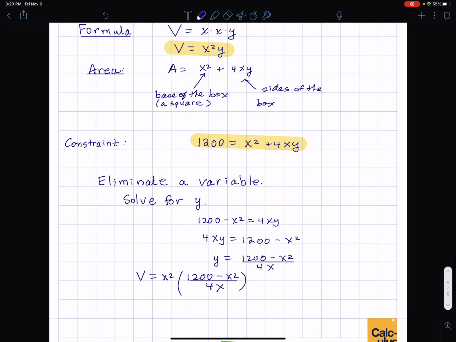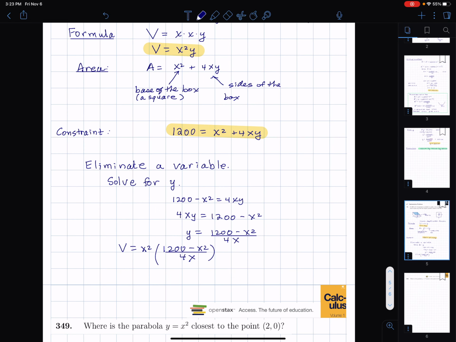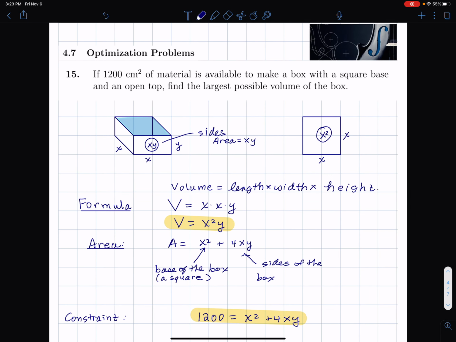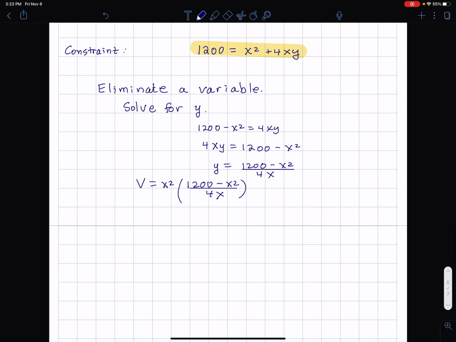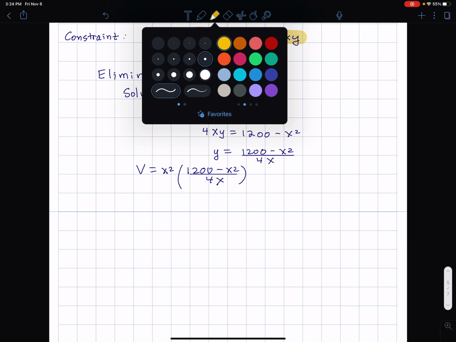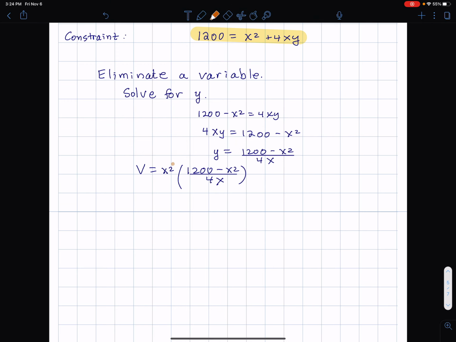Now, okay, hold on. I need more paper. I need to add a page. All right, now a little bit of canceling goes on here, x squared and x. All right, got that. Volume is x times 1200 minus x squared, still over 4.